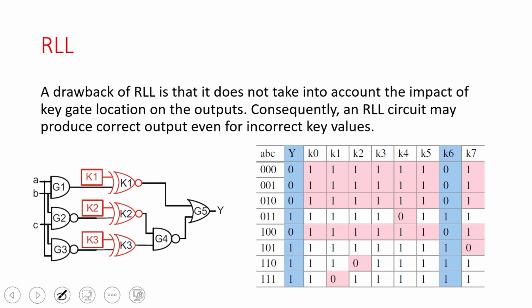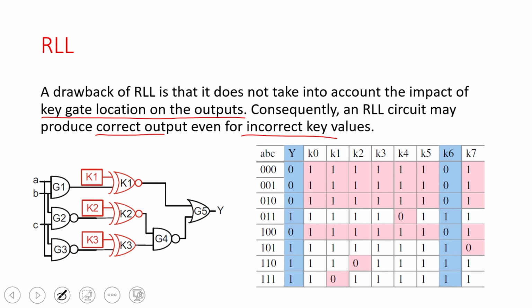So, the criticism of RLL is that it does not take the impact of the key gate location on the output into account. Okay. So, what does it mean? As a result, an RLL circuit may produce correct output even for incorrect key values.